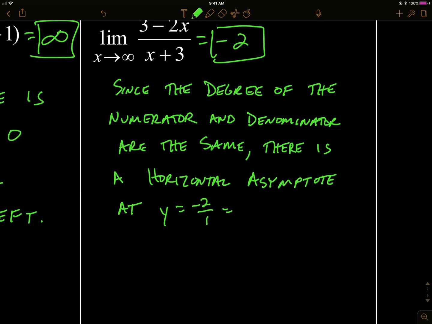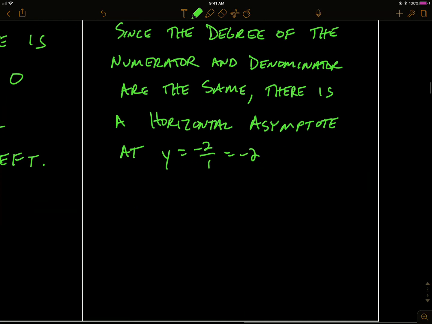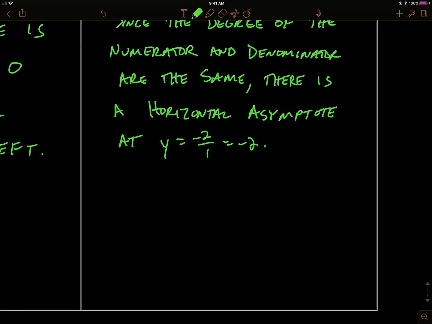You divide the leading coefficients, which is negative 2. We saw before, if a rational function has a horizontal asymptote, that's the end behavior on both sides. So I would say the graph approaches negative 2 on the right side.